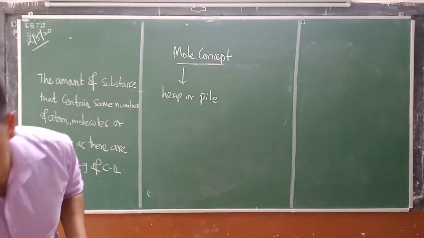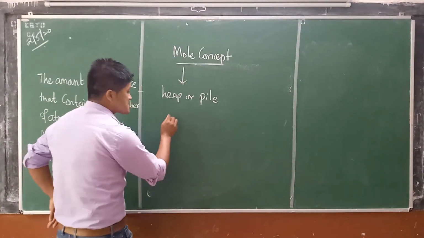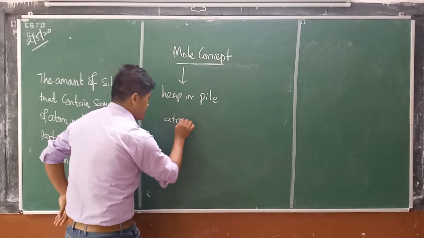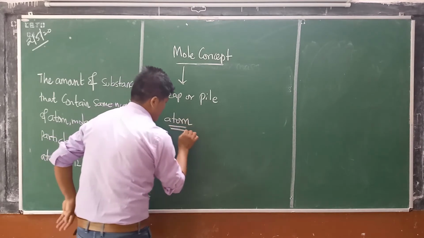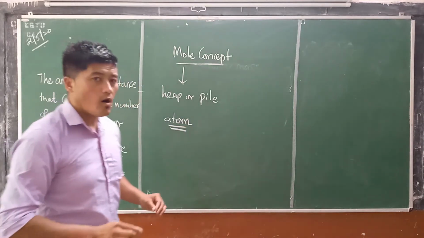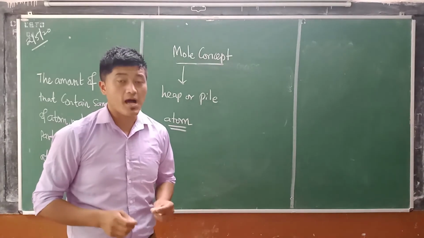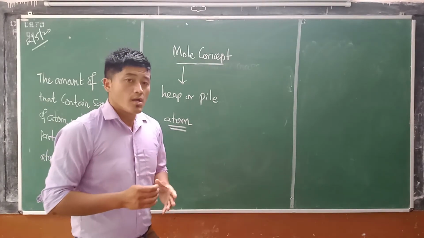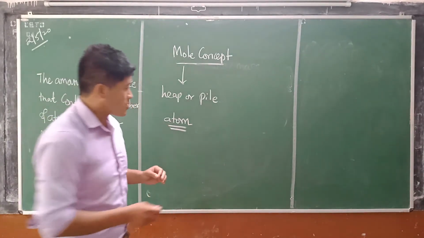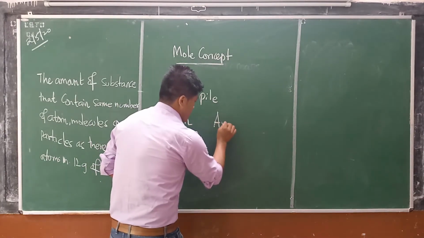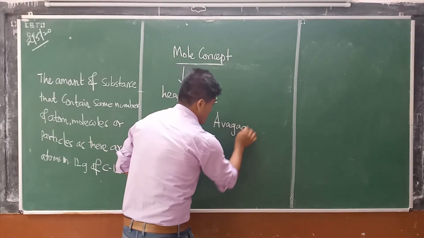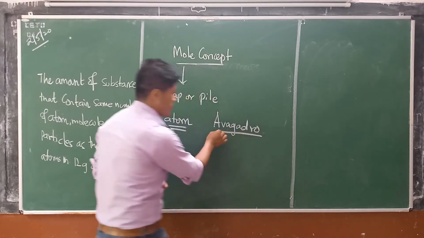So let's say now this is an atom, or let's say molecules, or let's say ionic particles. There is a scientist, his name is Avogadro.